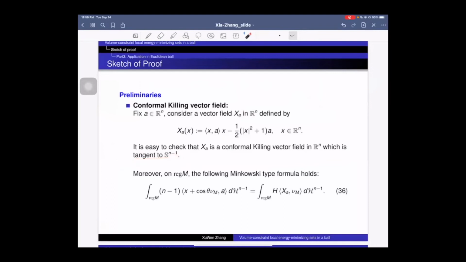Moreover, when M is a C2 hypersurface with a constant contact angle theta with the Euclidean ball, we have this Minkowski type formula, which means that for the regular part of M, we also have this formula because we can view the regular part of M as a C2 hypersurface.